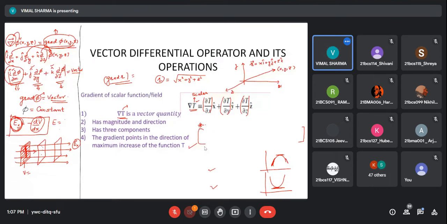The significance is that the direction of this new field is perpendicular to the plane where V is constant. You can see this from your previous knowledge as well: if we are representing a uniform electric field, it is represented in both ways, by drawing simply electric field lines or by drawing these equipotential surfaces.